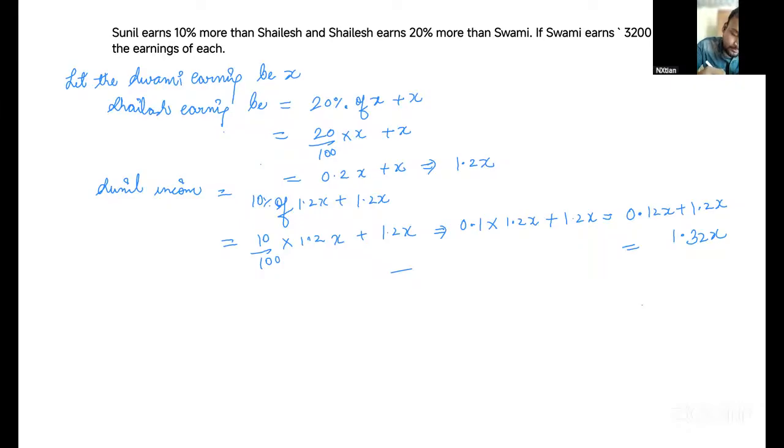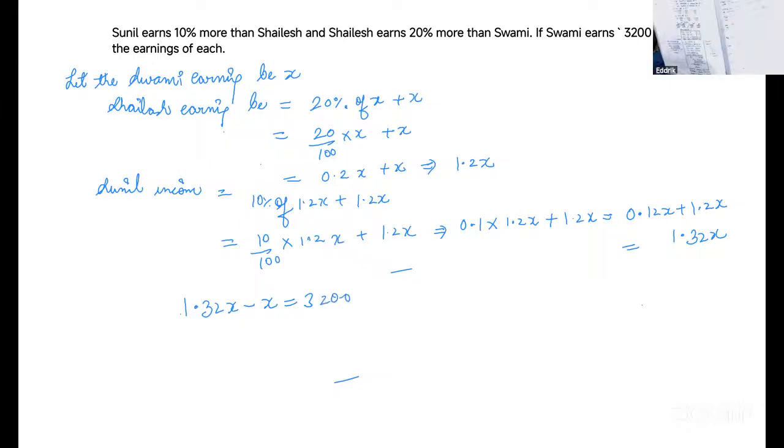So what is Swami's income? Swami's income is less, and Sunil's income is 1.32 minus Swami's income.